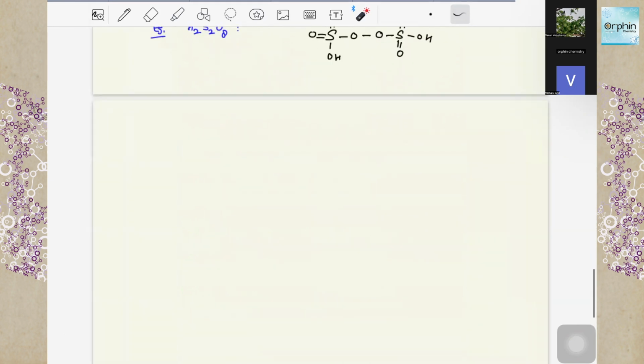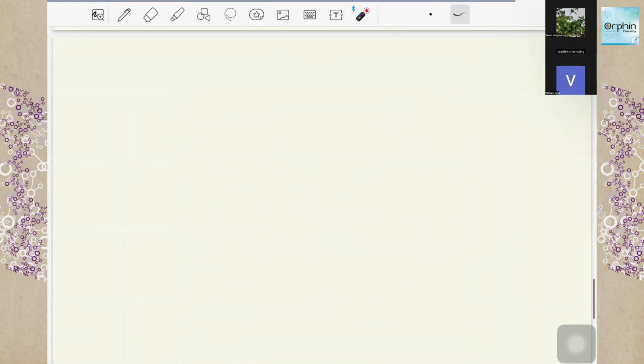Okay, so now two more acids are there, H4P2O5 and H4P2O6.